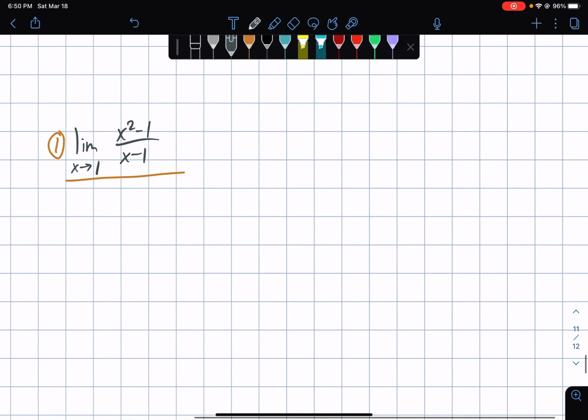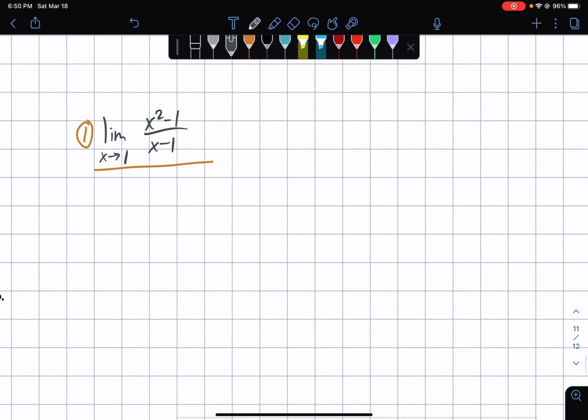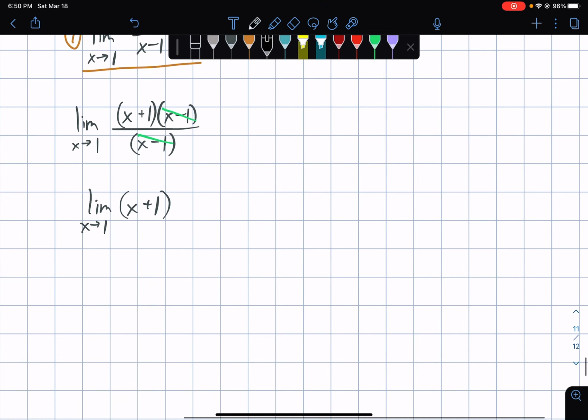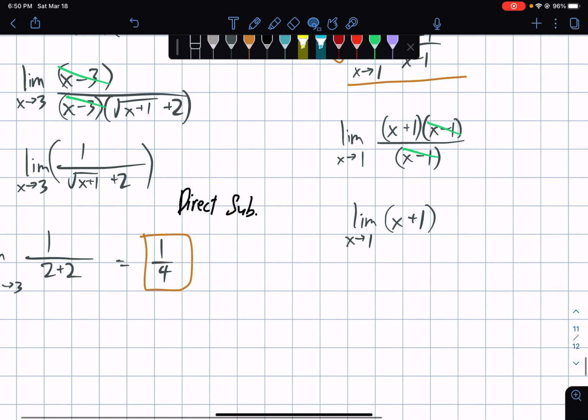So here, I bet we can expand the numerator if there's something that we could cancel. There you go. Could cancel x minus 1, and then we have x plus 1 left. Because of that, we can apply our favorite law, that is the direct substitution law.